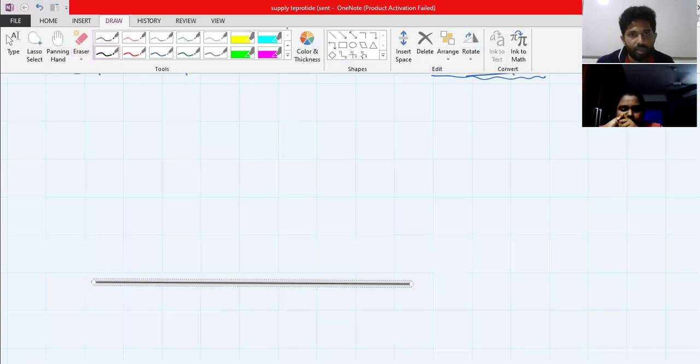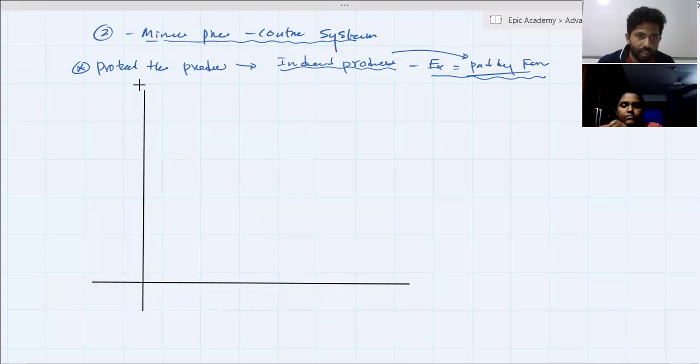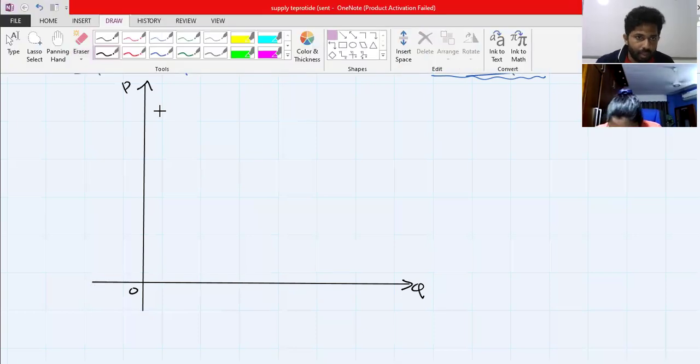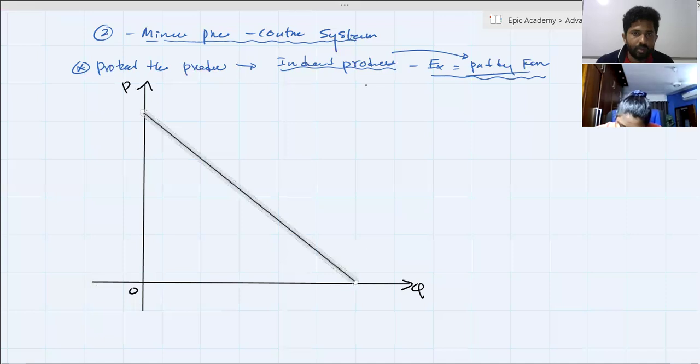But you have to identify all those things. You have to calculate with the equations. We will try those things. This is price, this is Q. Just consider this is the demand curve and this is the supply curve.